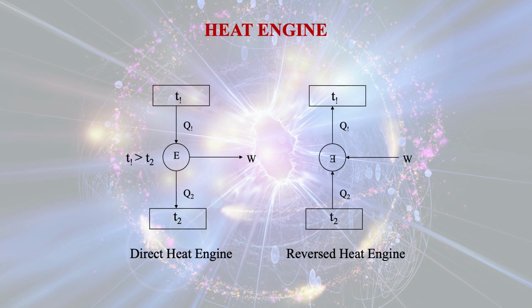So, if we want to transfer heat Q2 from the low temperature reservoir to a high temperature reservoir, we have to do some work, that is W, the work input to the system. That is the purpose, and that is all about the reverse heat engine.